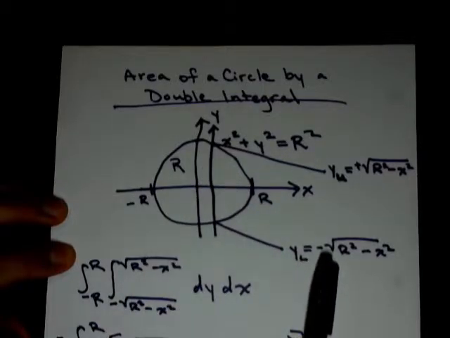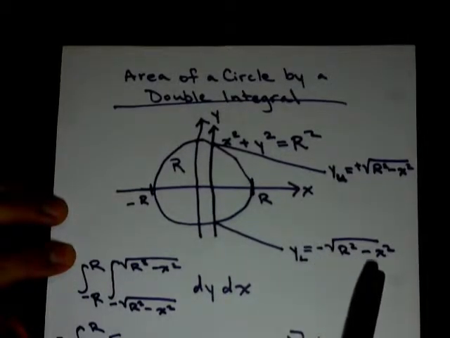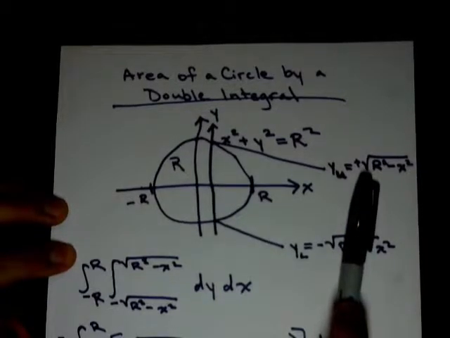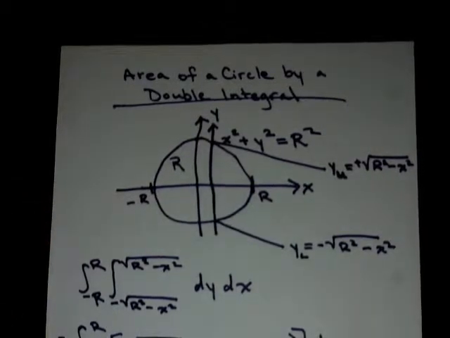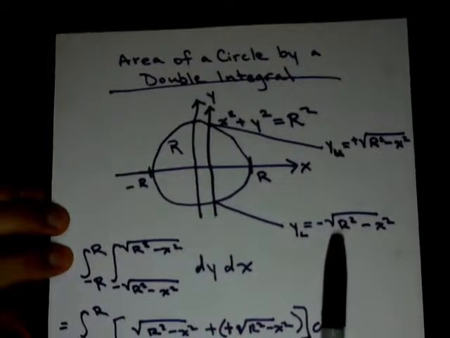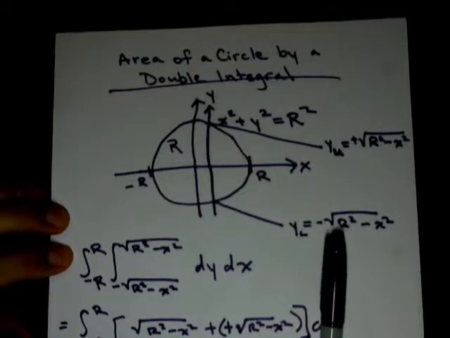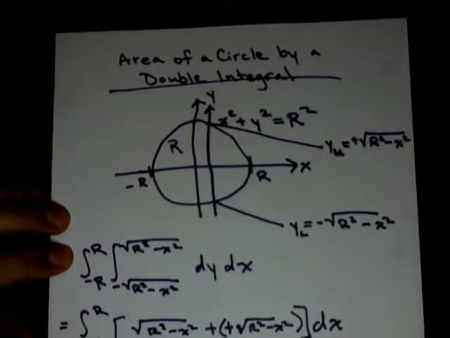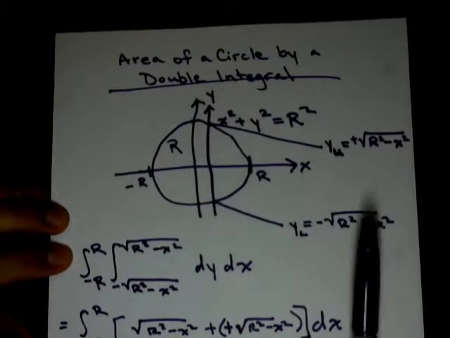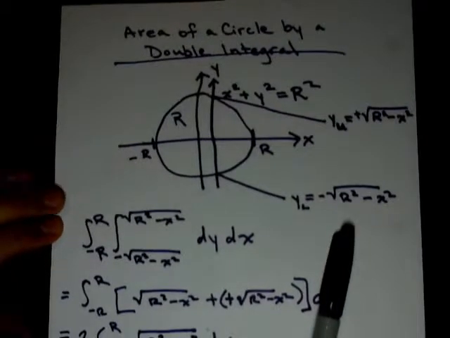Here we got the negative values of the circle, so we're going to have the minus sign in our square root, and we're going to choose as our upper limit this positive value, because the square root usually has two solutions, the positive and the minus. In this example, we're going to use the positive as our upper limit and the minus for our lower limit.